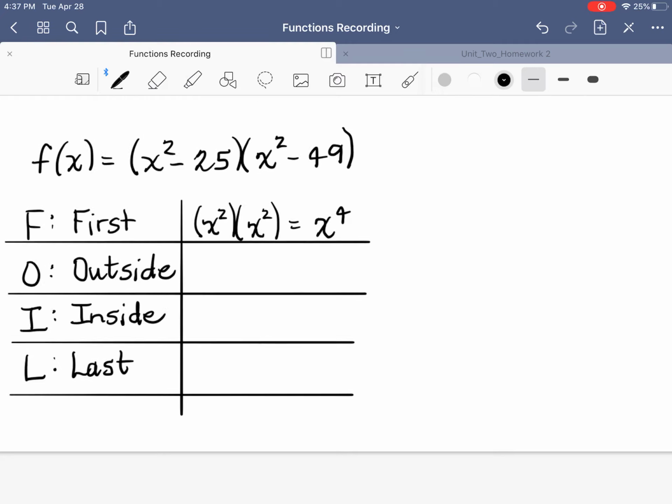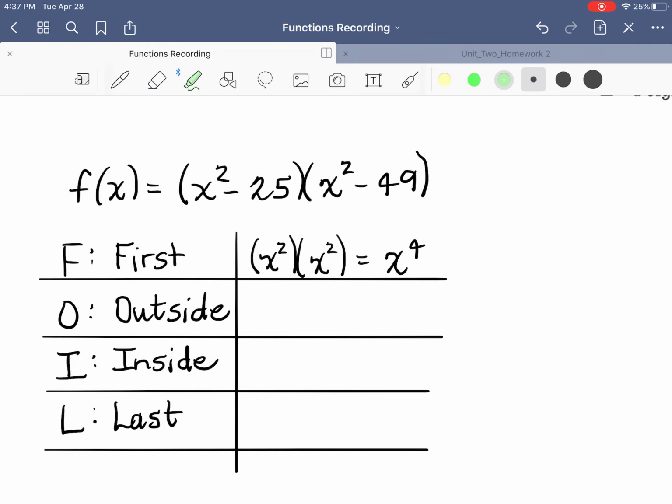Then we have the outside terms. Actually, I'm sorry, the x squared and the negative 49. Excuse me, the outside terms on each binomial.